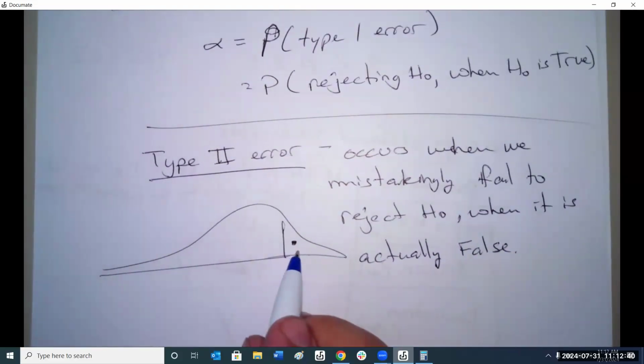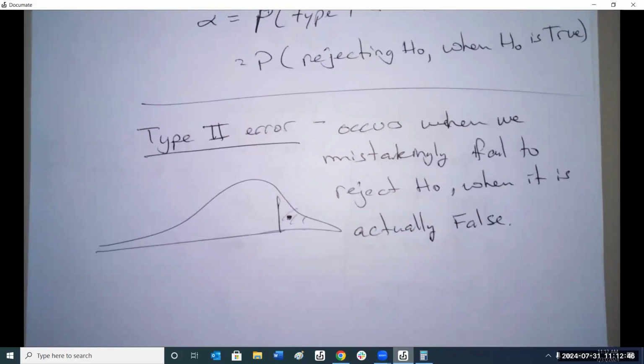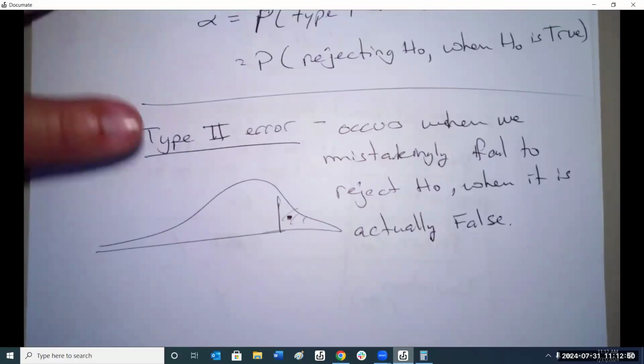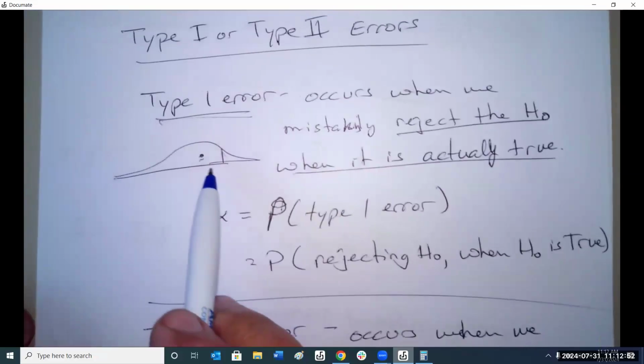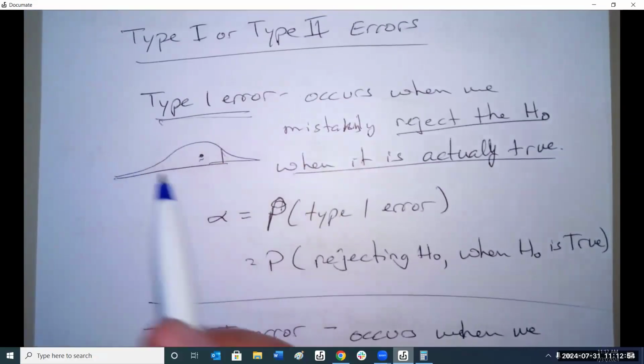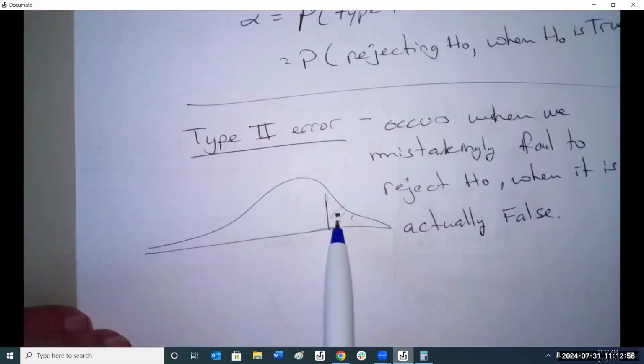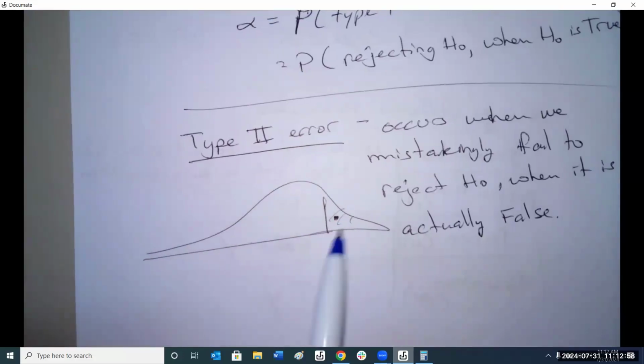In other words, if our value falls inside the critical region and we fail to reject it. So these are just the opposite. You reject it when you shouldn't have, and you fail to reject it when you should have rejected it.